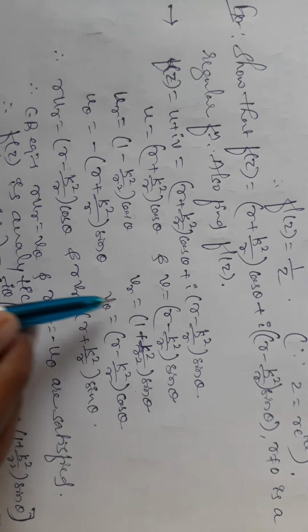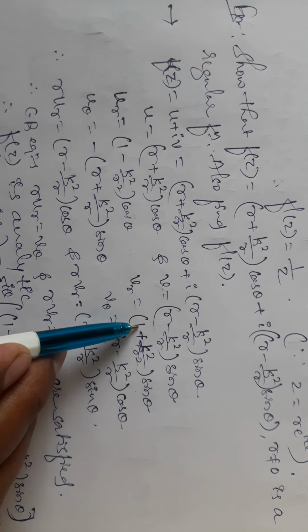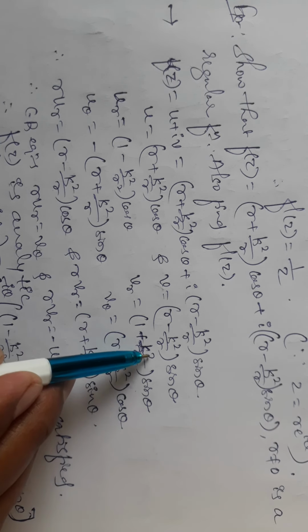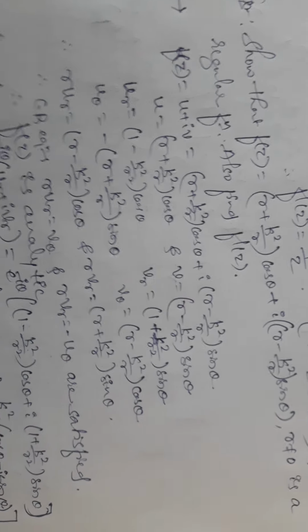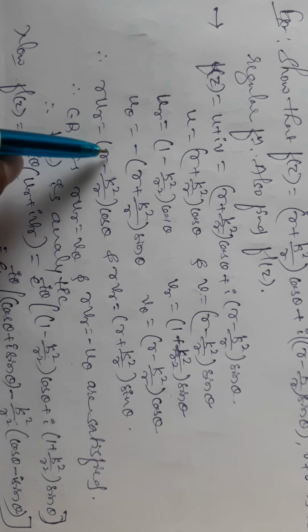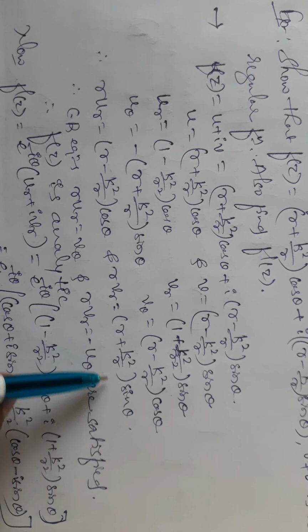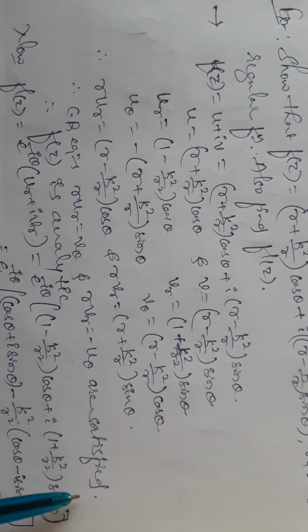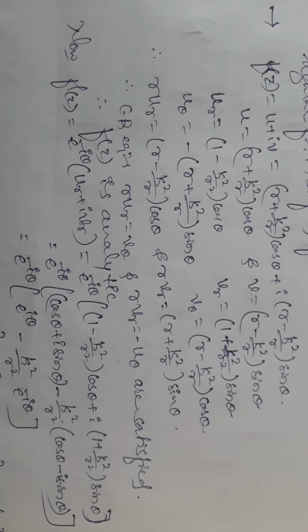And r v r, again multiplying r on both sides, r v r equals r plus k square by r, r and r square cancel, so k square by r, sin theta. Therefore the CR equations, r u r equals v theta and r v r equals minus u theta, are satisfied. Therefore f of z is analytic.